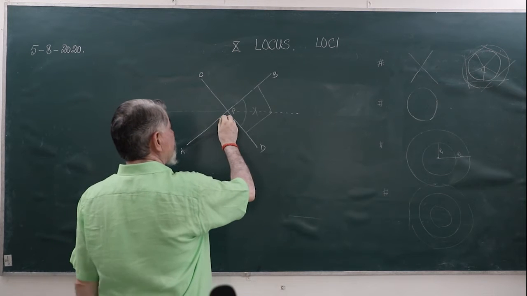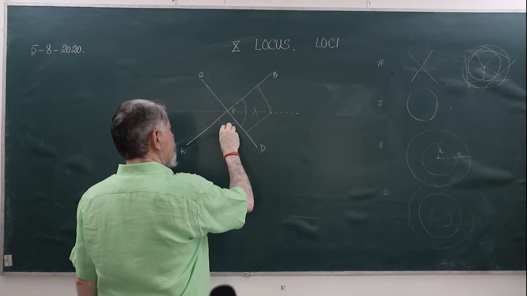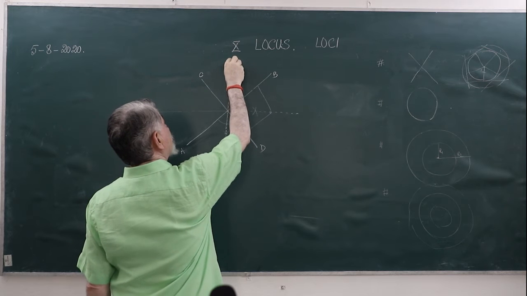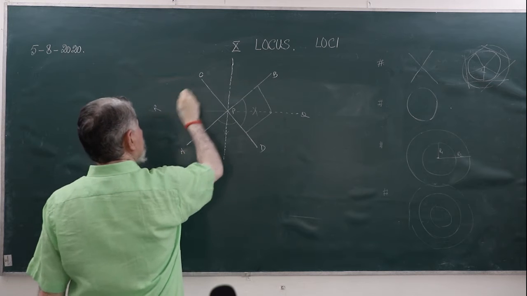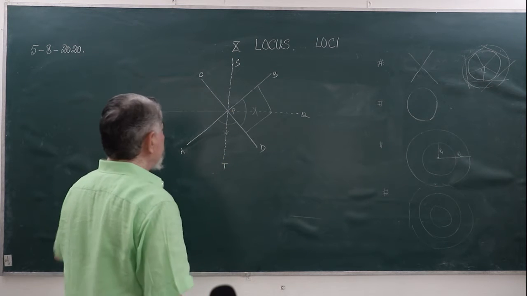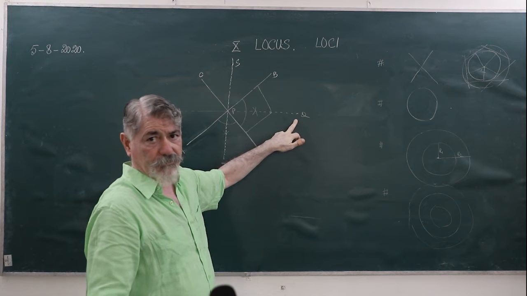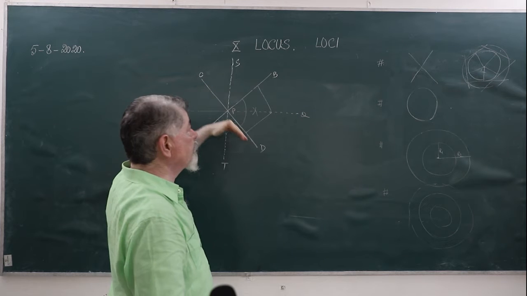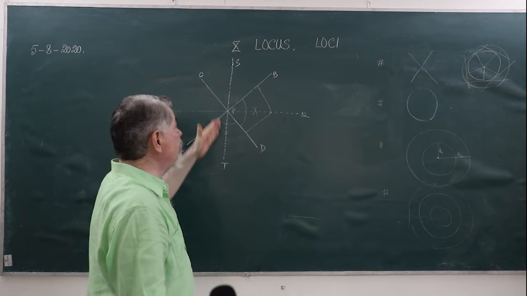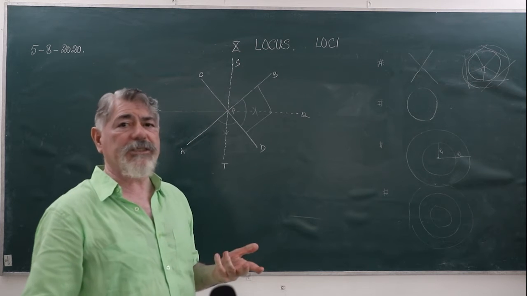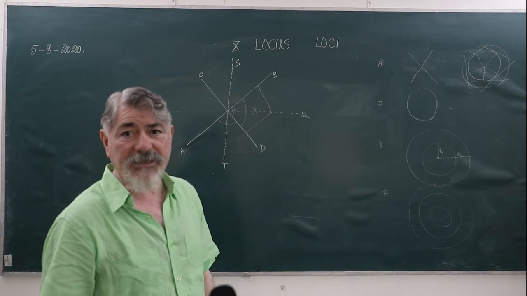If I bisect this angle, then every point on this bisector passing through P, say PQRST, every point on the bisector RQ will be equidistant from these two intersecting straight lines, as well as every point on the line TS will be equidistant from the two intersecting lines CD and AB.